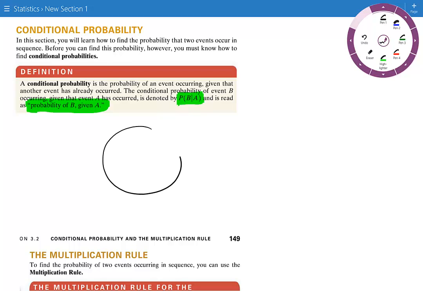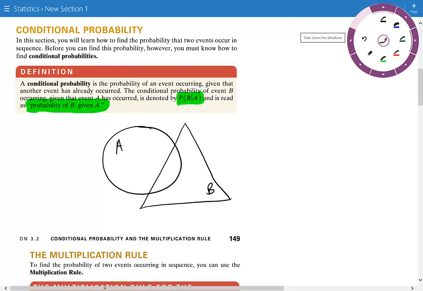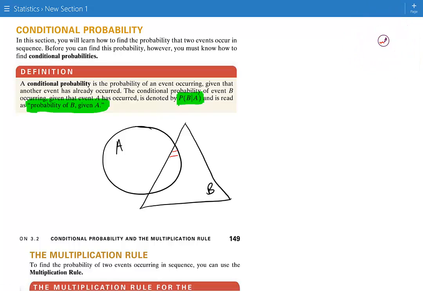So let's use a Venn diagram. Let's say that event A, the conditional one, the one that has to happen for B to happen, we'll just symbolize as that circle. And then event B is intersecting A in some way. One way to think about a conditional probability is in terms of what these 2 regions have in common. In a Venn diagram, we call this an intersection because these 2 regions and whatever they represent have intersected.